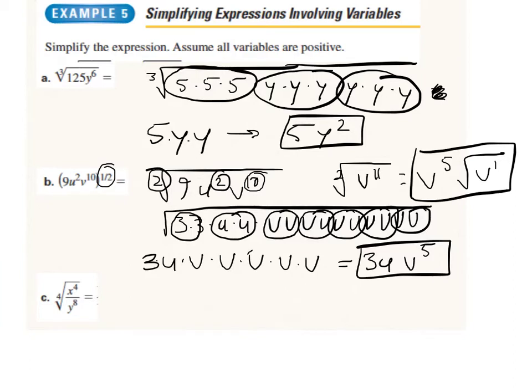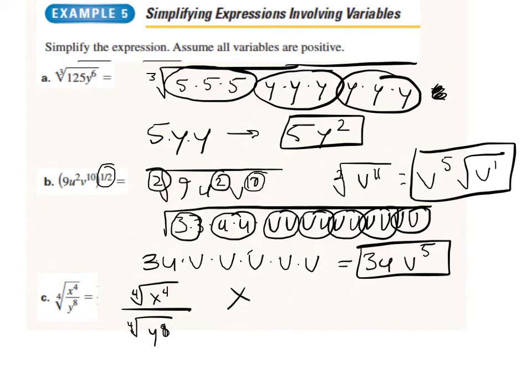Alright. Here, what we've got going on is the 4th root of x to the 4th in letter C. So really we have the 4th root of x to the 4th over the 4th root of y to the 8th. Now, again, I could write these factors all out, but I've got the 4th root of x to the 4th. That's just going to leave me with an x.